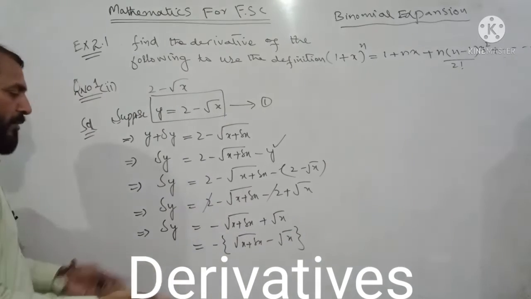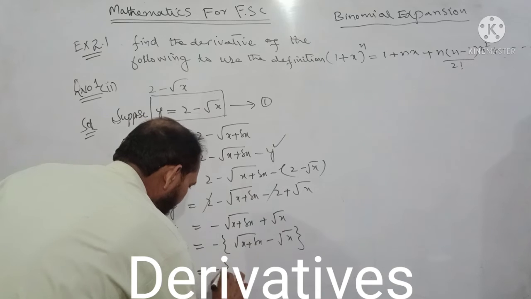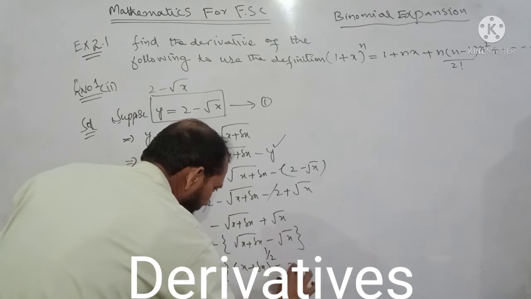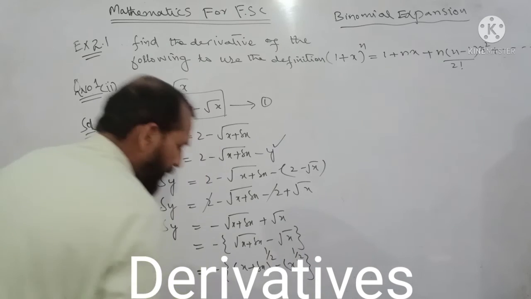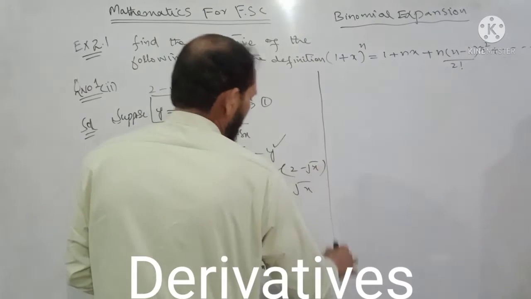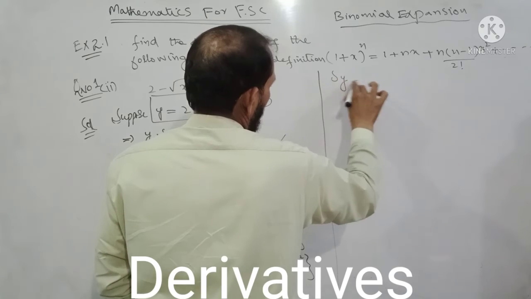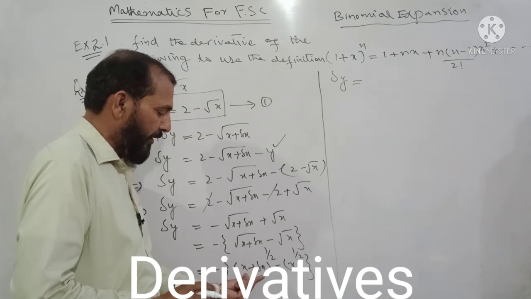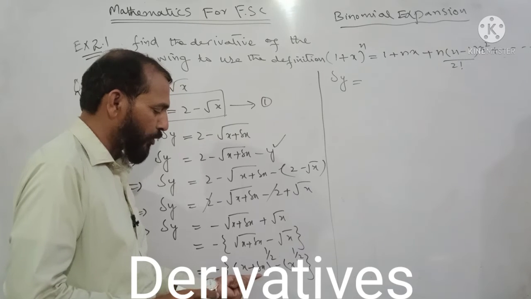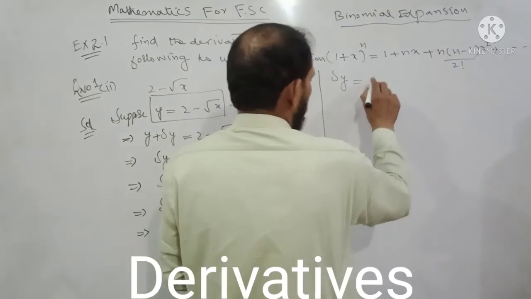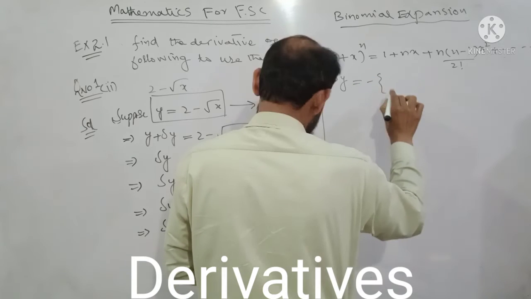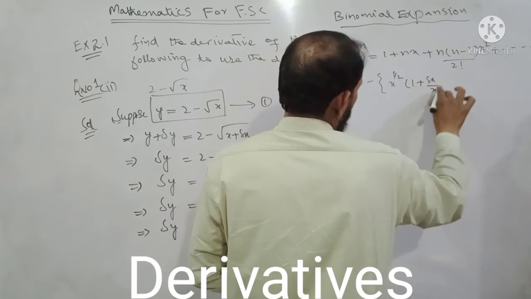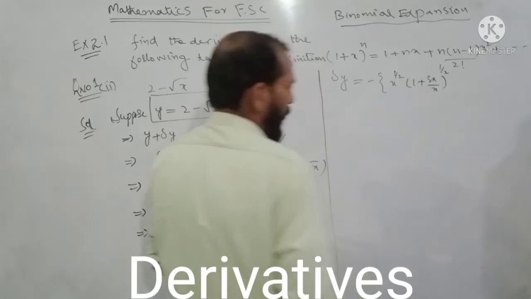Okay. And then you can write the radical form as a power, 1 over 2. Here we take x in common, but there is no x, so it changes: I can write 1 plus del x over x, power 1 over 2.